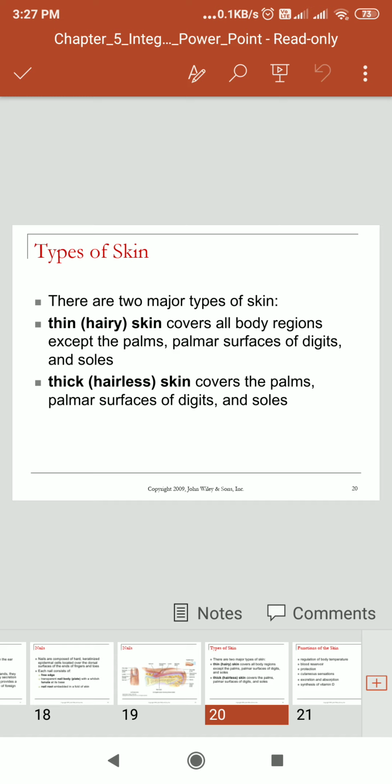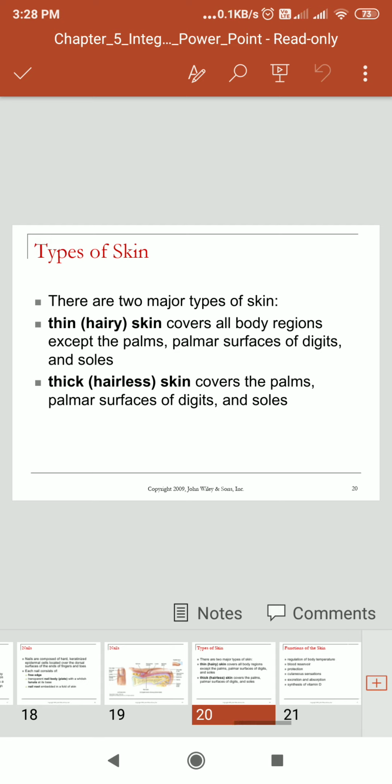The thin skin covers all body regions except the palmar surface of digits and soles. Thick hairless skin covers the palms and the palmar surface of digits and soles.